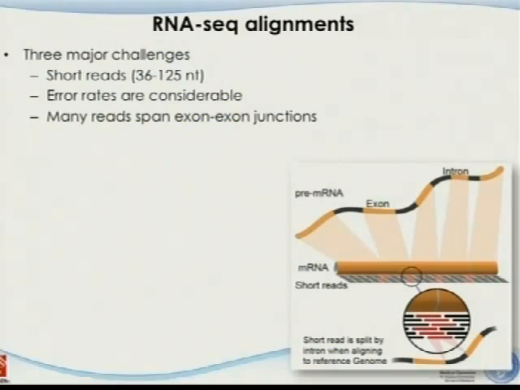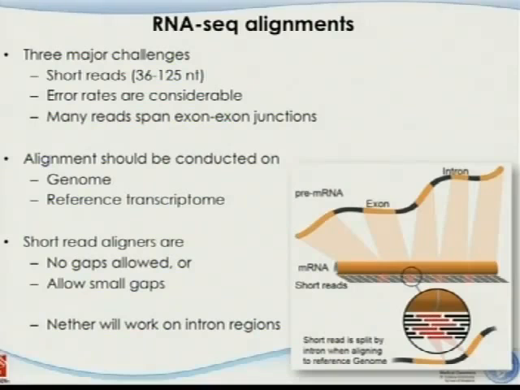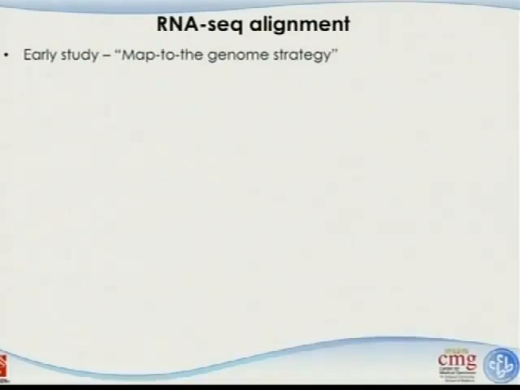So we have this point, this is a junction, and there are reads here, and it's really hard to find the proper alignment for that, because alignment should be conducted on both the genome and the transcriptome, but short read aligners allow no gaps, or only very small gaps, and neither of these will work on the intronic regions because introns are just so big.